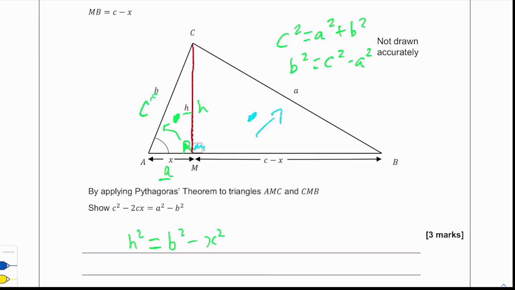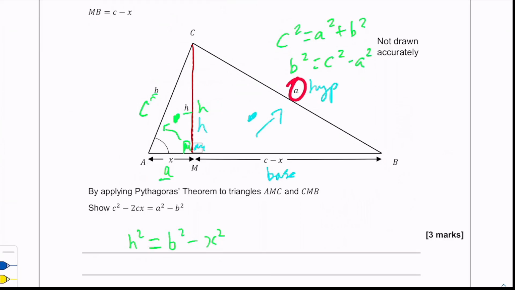We'll call this the length, so we'll just say L. And then we just need to rearrange, so we'll label this H, and then we will say this is A here. In fact, no, we can't use A. It's really annoying how they've done this question because we've got A here, so we'll call this the base. Let's make it really obvious, so base, and then we'll change this to hypotenuse, HYP.